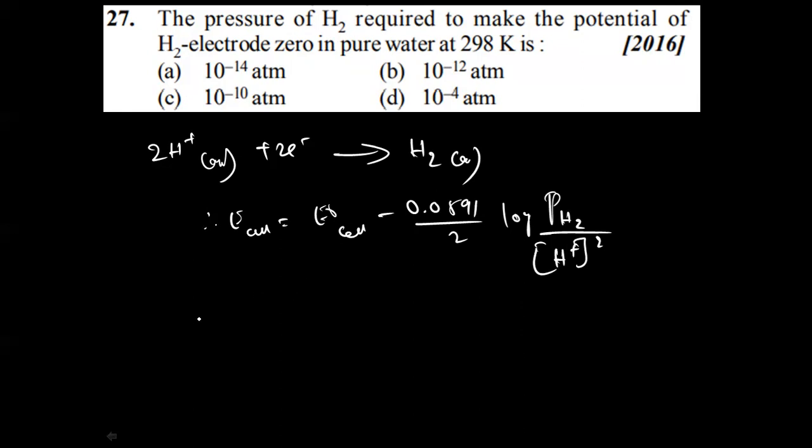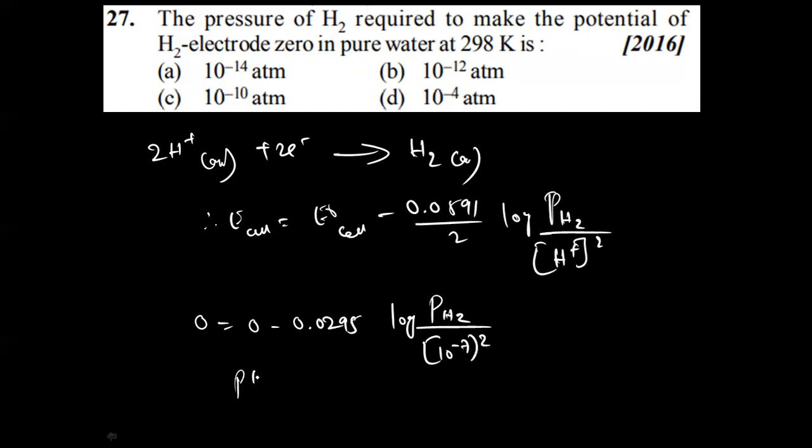Then E cell will be 0. Here they have given H2 electrode 0, and E naught cell for standard hydrogen electrode is also 0. So 0.0295 log pH2 divided by concentration of H plus square, which is 10 power minus 7 whole square.